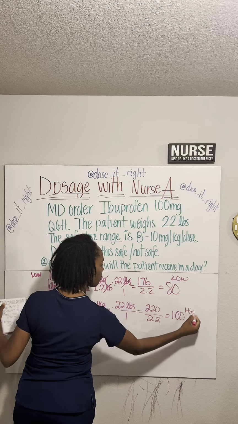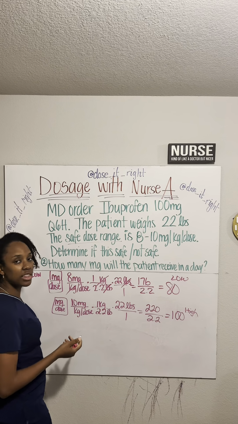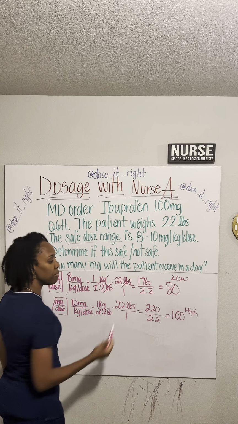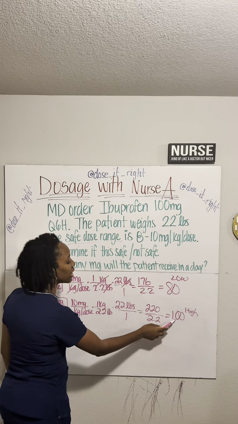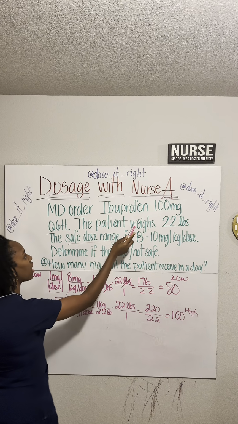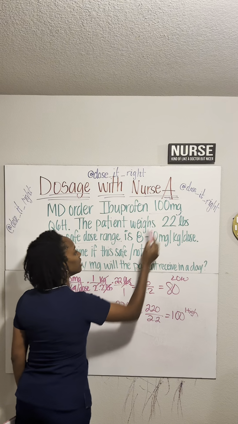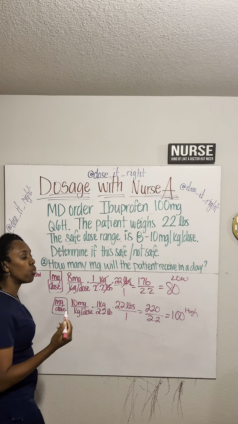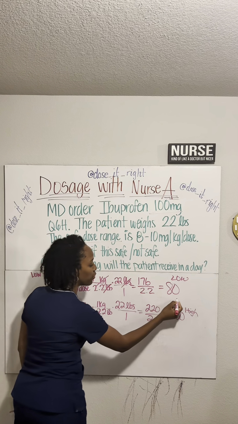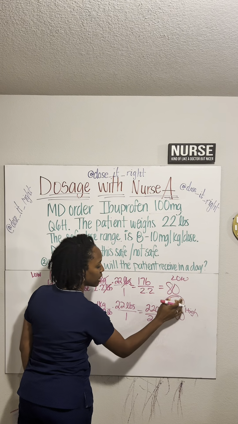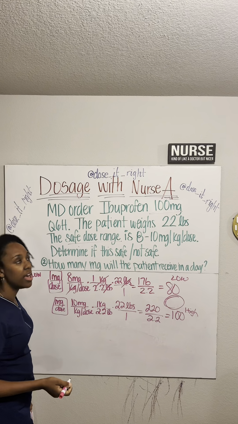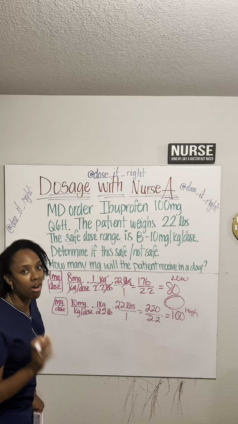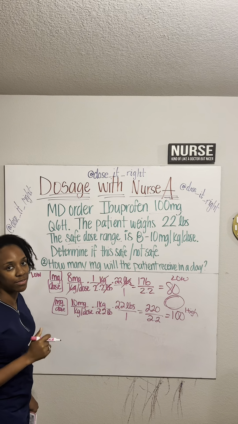All right. So the lowest amount that the patient can receive is 80 milligrams. The highest amount they can receive is 100. The doctor ordered 100. So is that safe to give? Well, how do we determine if it's safe? If it falls within this number, right? In between 80 and 100. And because it lies exactly on 100, it is still safe to give.